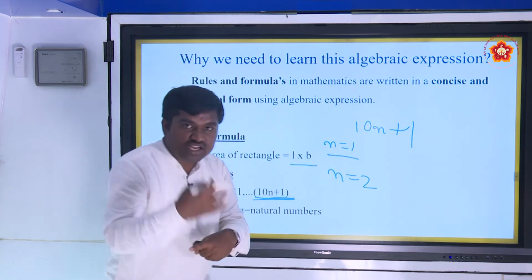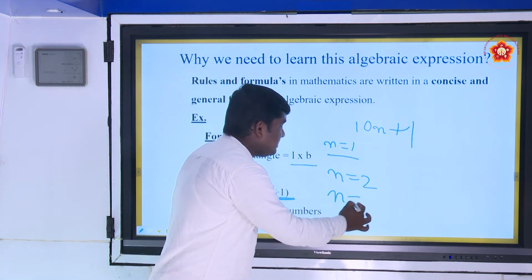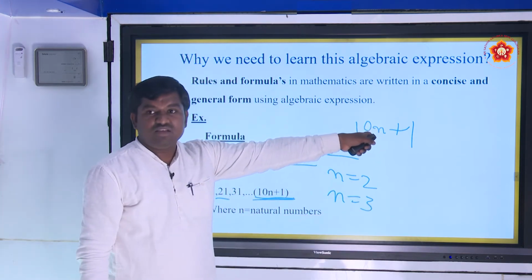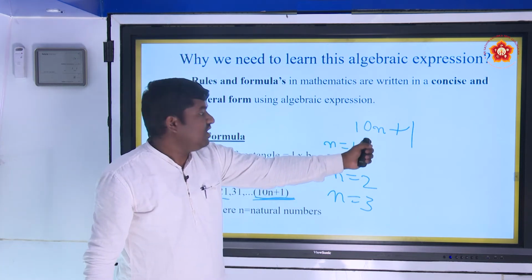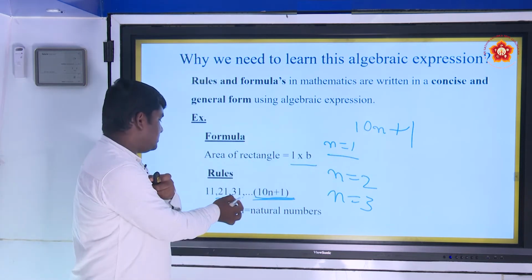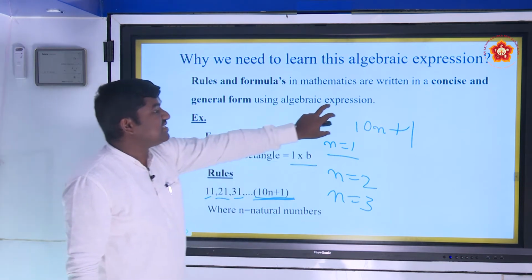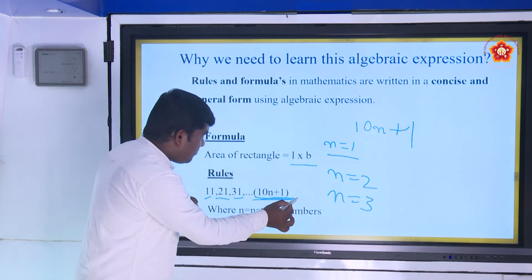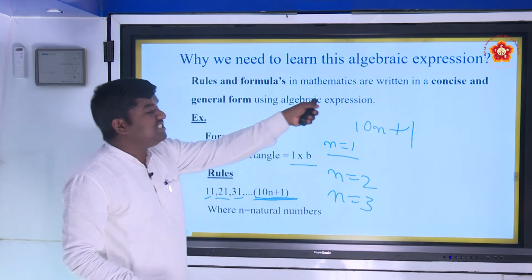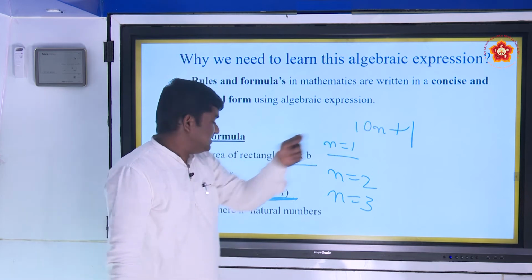If you want the third term, put n equals 3 in the place of n, 10 into 3, 30 plus 1, 31, see. So this is the general rule, and it can be written by using an algebraic expression.